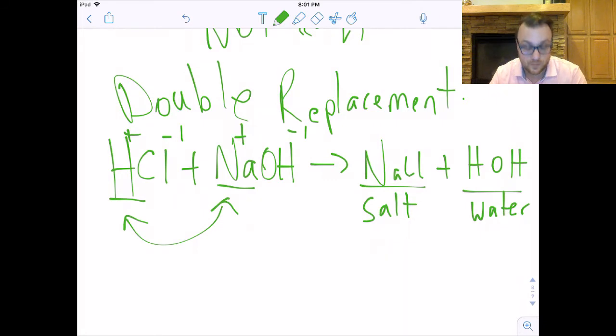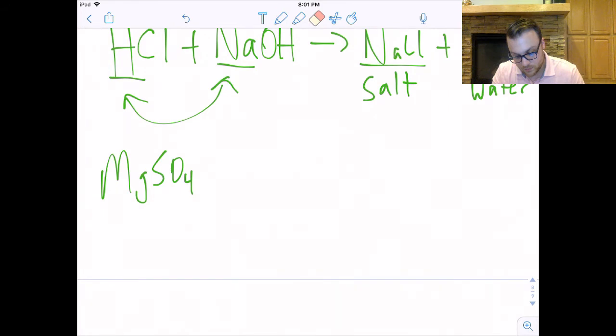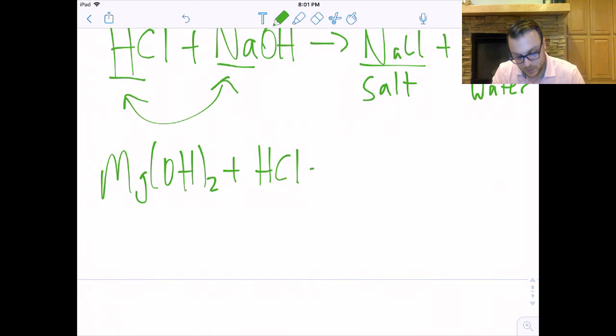So sometimes you might see something like Mg(OH)2 plus HCl again. And it'll be like blank plus H2O. And this is not balanced at the moment, but that's okay.